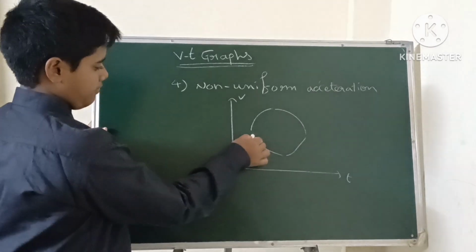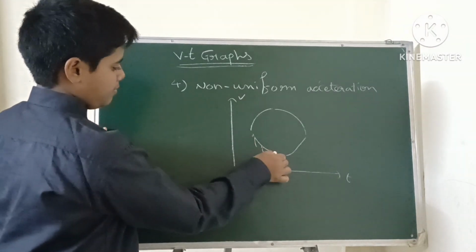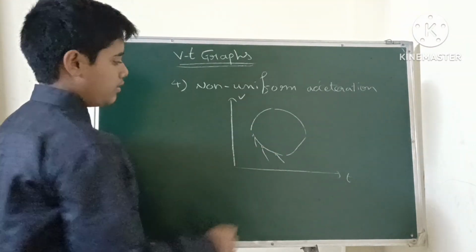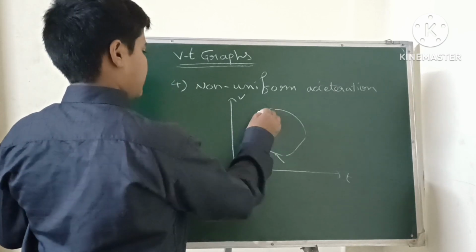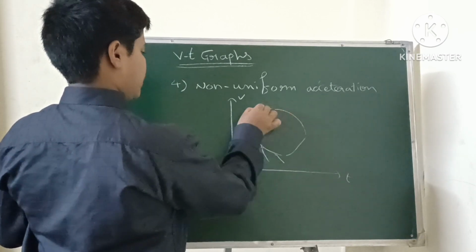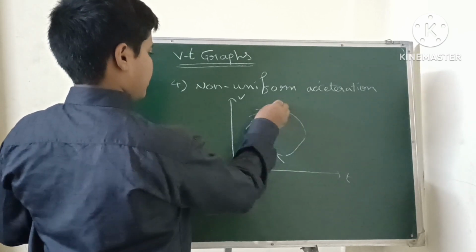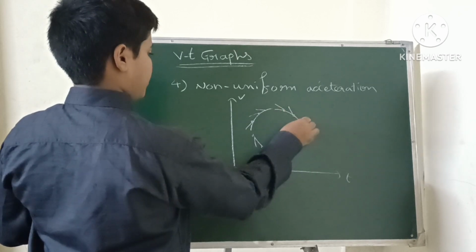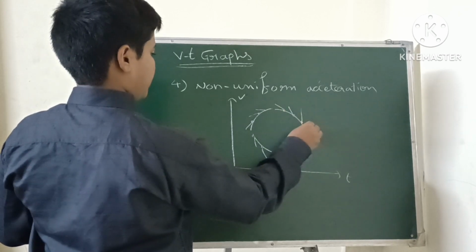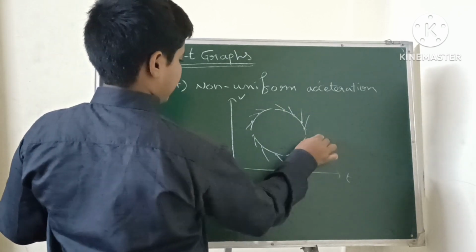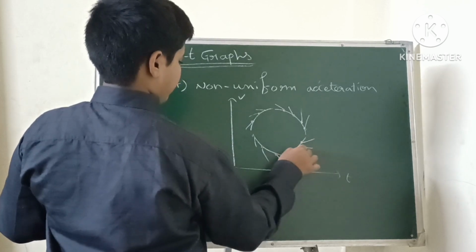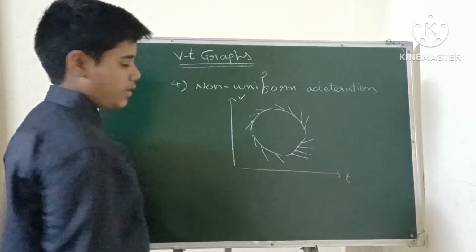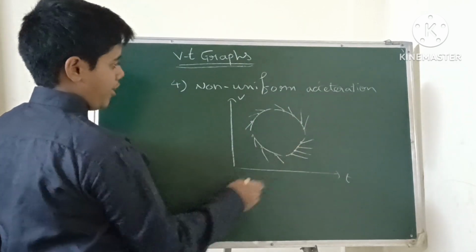Here the slope varies from this point to this point, this point to this point, and this point to this point. And here also, this point to this point, and so on. Okay, the slope varies at all points.